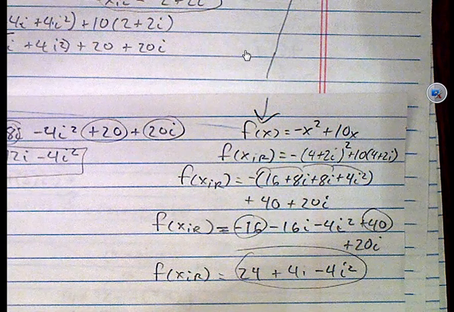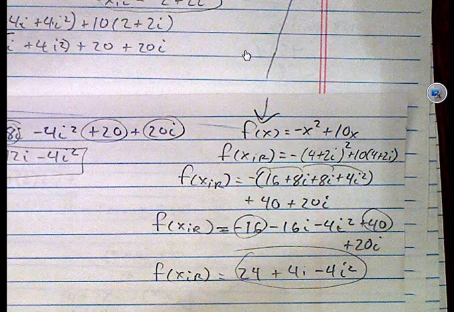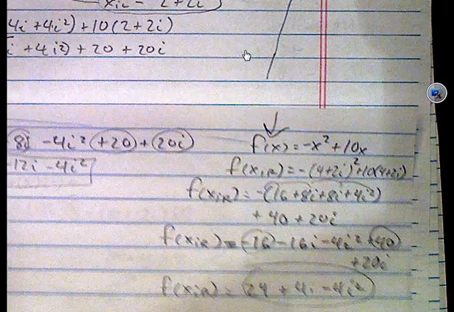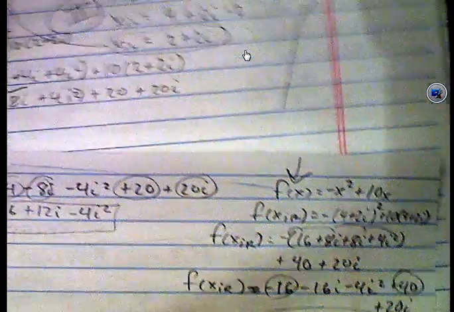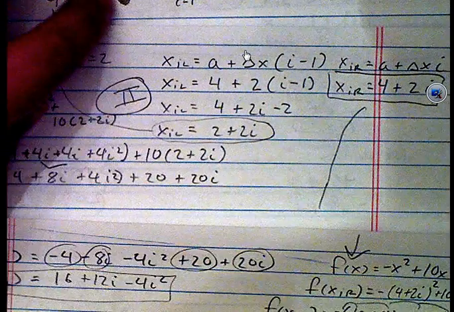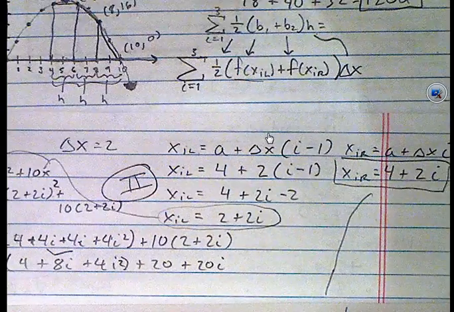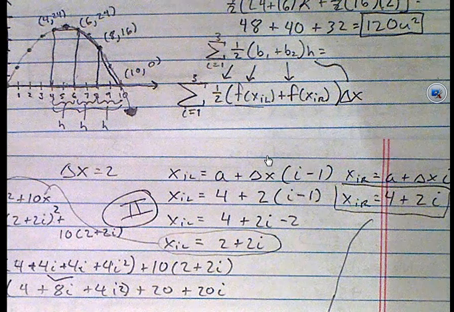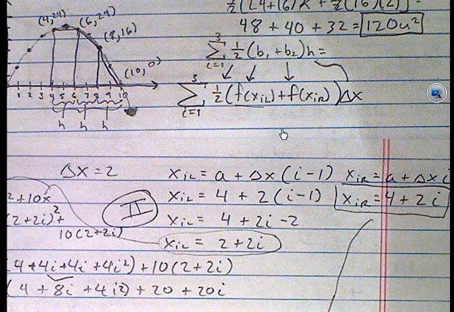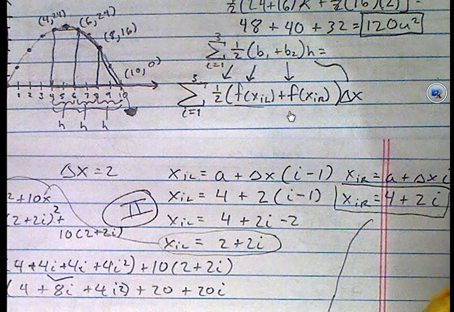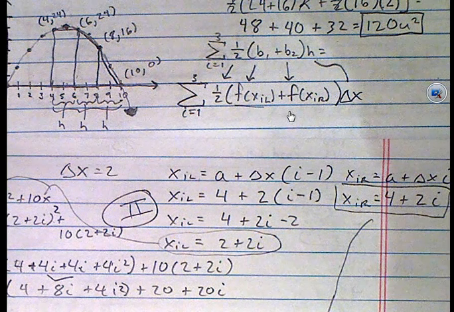And now I need to combine those into the summation formula. Well, what was the formula that I had to begin with? Okay, let's scroll back up and take a look. Alright, that's 1/2 of f of x of IL plus f of x of IR times delta x. Okay, alright, so we've got to use that.